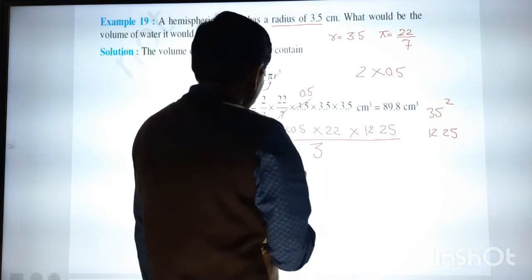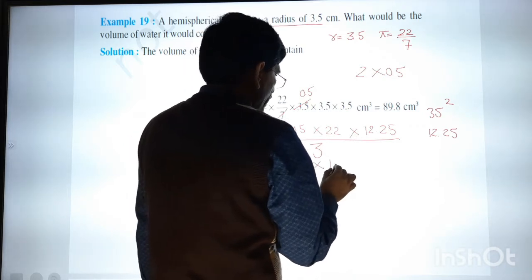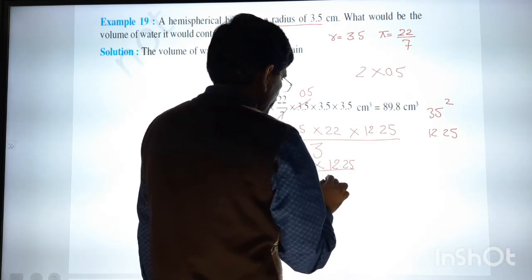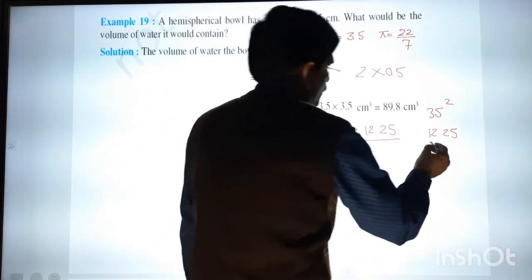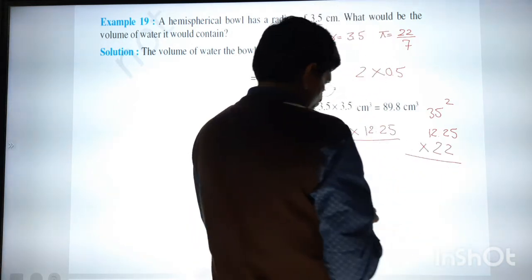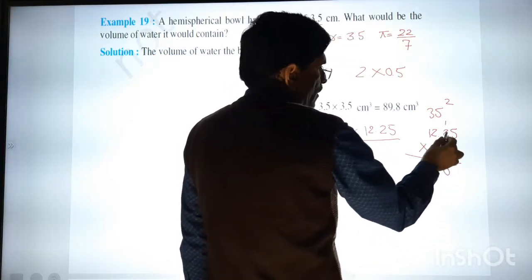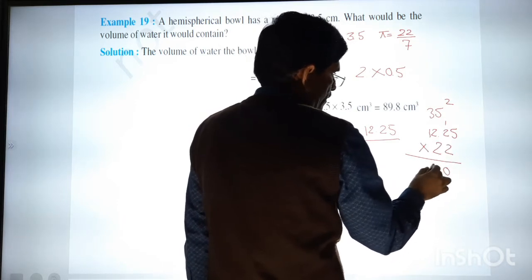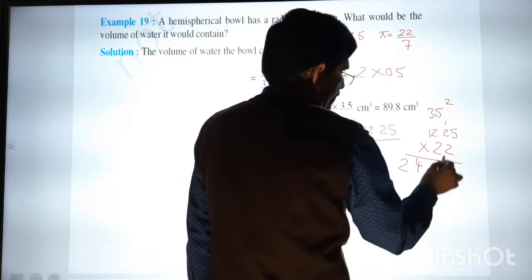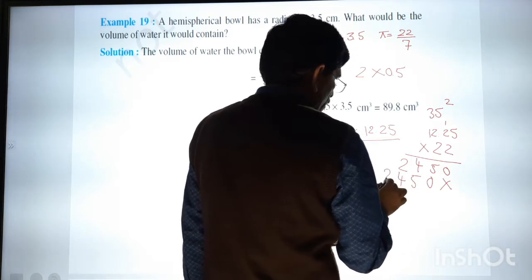So just multiply 22 into 12.25 and then we divide by 3. So 1225 into 22.